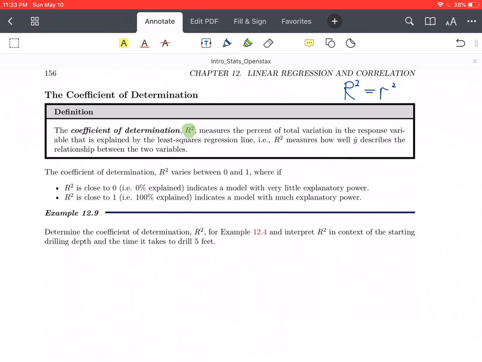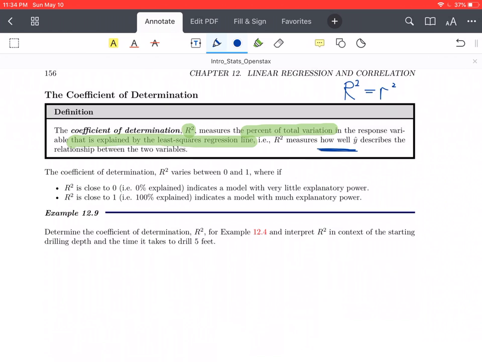But big R squared, the coefficient of determination, measures the percent of total variation in the response variable that is explained by the least squares regression line. So it measures how well this line describes the relationship between the two variables. Because it's being squared, it will always be between 0 and 1, so it'll never have a negative value.